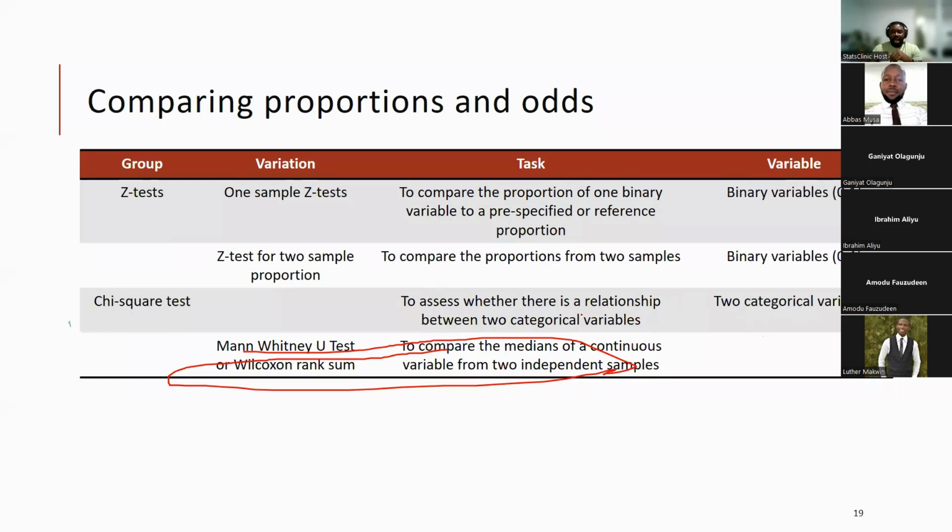Maybe one categorical variable is sex and the other is hypertension. You want to see whether in your sample of adults, maybe adults in your neighborhood, males are more likely to have hypertension than females. You could use a chi-square, right?